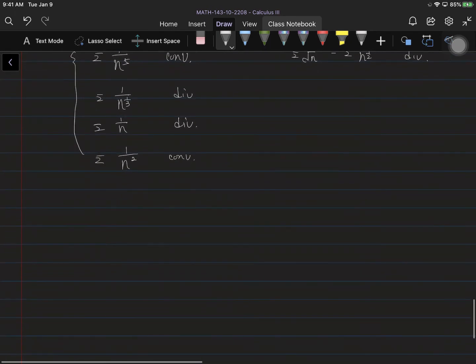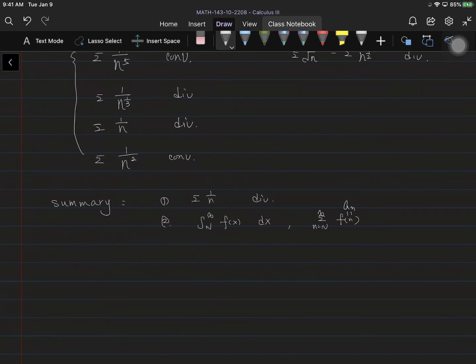In this section, we did these things, and I can give you a summary. First, we introduced the harmonic series and said it diverges. And then the improper integral and our series, f of n and a n, have the same convergence or divergence.